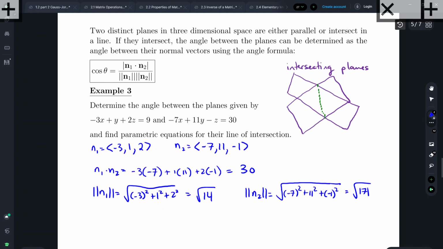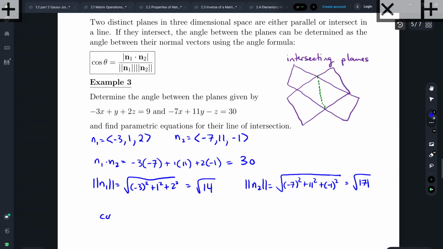And okay, so now we can use the formula. You have cosine theta is equal to the absolute value of 30, which is 30. So you get 30 over square root of 14 times the square root of 171. So theta is the cosine inverse of this thing.